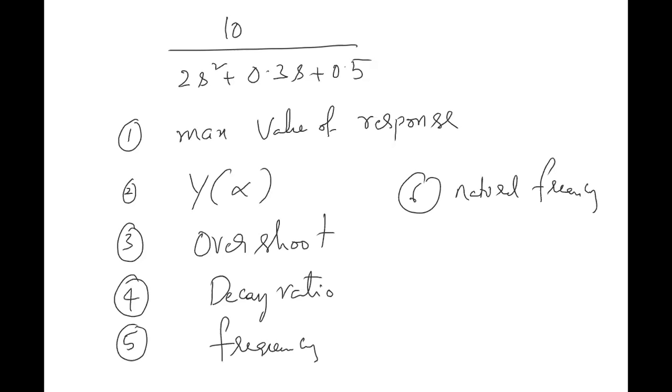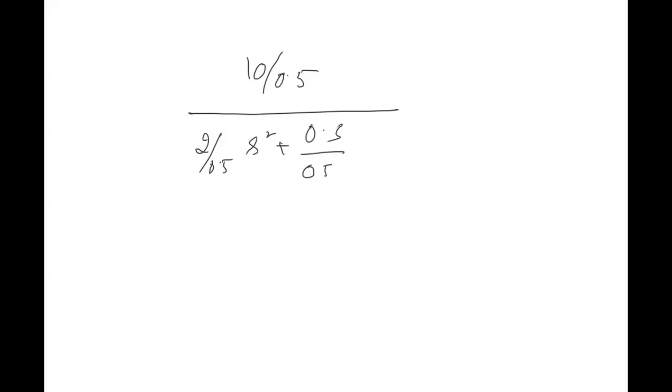What is the answer? So what is the max value? First, you have to translate this into a standard transfer function. What is the standard transfer function? 10 by 0.5, over 2 by 0.5 s square plus 0.3 by 0.5 s plus 1.